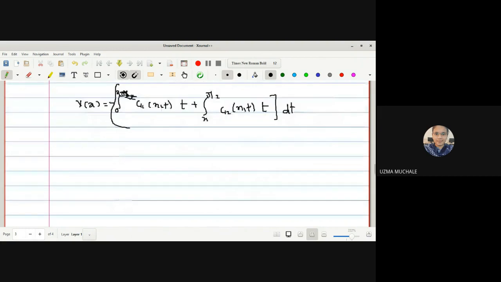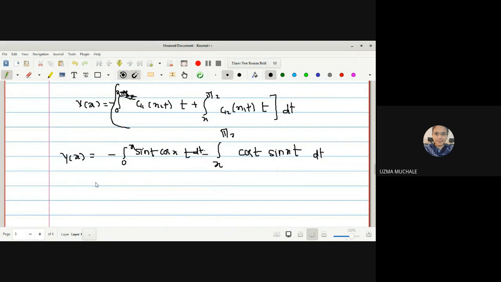This minus sign we can merge inside, and we have y of x is equal to minus the integration 0 to x, g1 is sin t cos x into t, plus, minus, if I multiply this minus inside, x to pi by 2 cos t sin x into t dt, integration with respect to t.